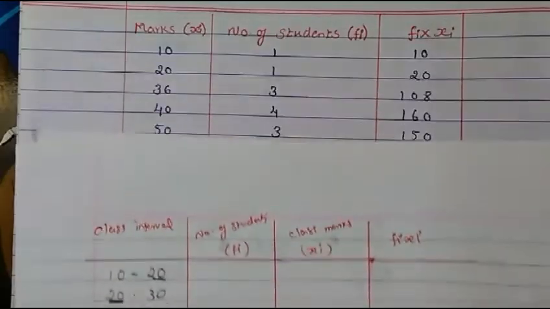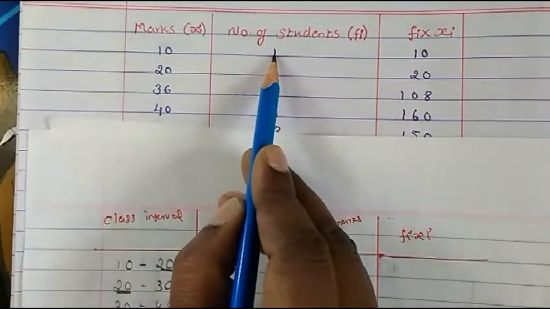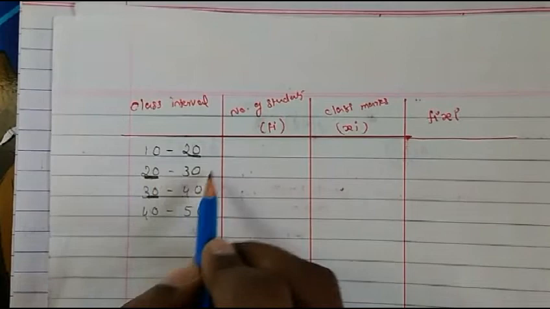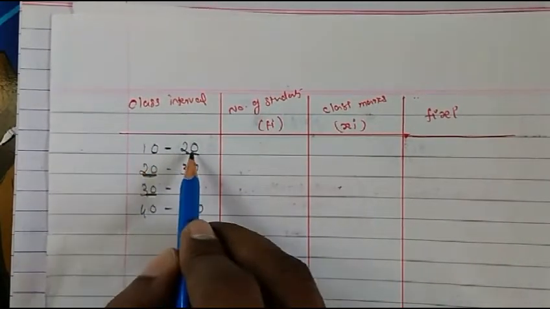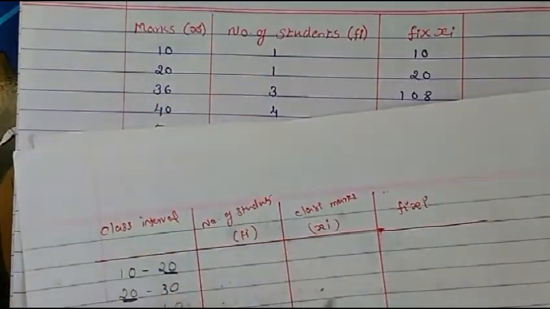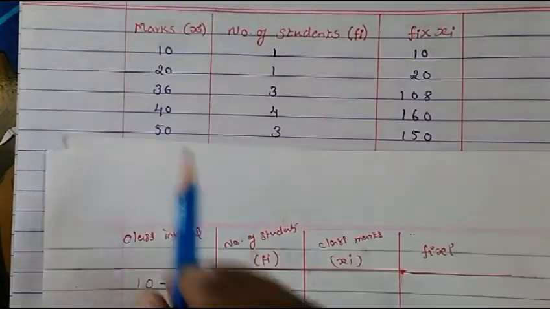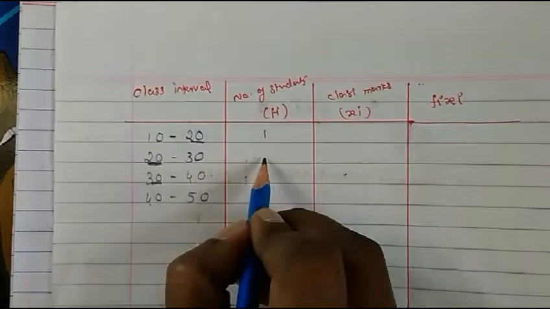Now between 10 to 20 we have only 1 student, because 20 begins in the next interval, so we will not count here. So 10 to 20 means 10 to 19 only you have to think. Between 10 to 19 how many? Only 1 student. Then 20 to 30, 1 student will come.